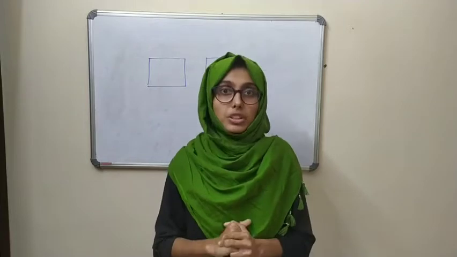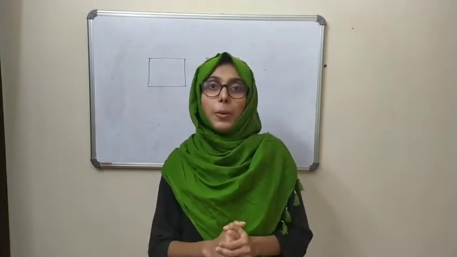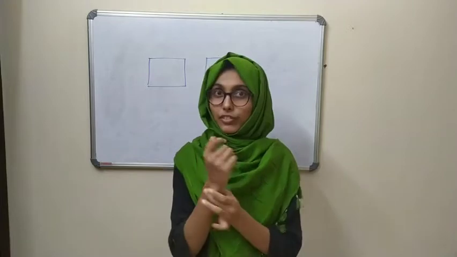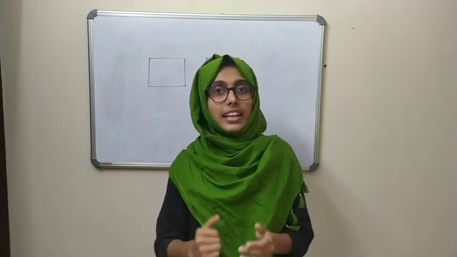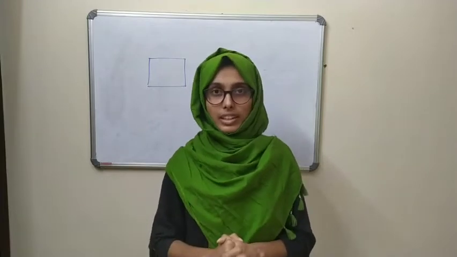Okay, so my dear students, in your textbook on page number 21 you can see Nandana's uncle bought bangles for Nandana. Okay, do you know bangles? Yes, that we wear on our hands, isn't it? So Nandana's uncle bought bangles for Nandana.